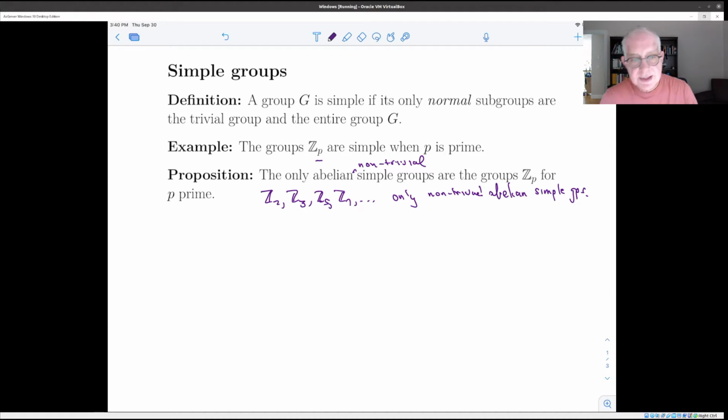So let's prove this, and in the process we'll get a little bit of a feel for what's special about simple groups.